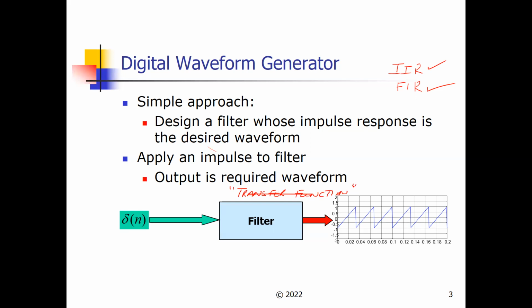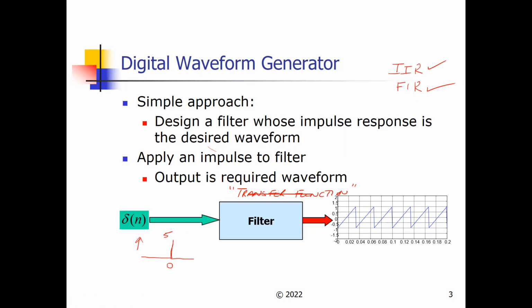Right, so you can have a transfer function. When you see filter, think transfer function. So you put an impulse into it, and you get a response coming out. And remember, a discrete time impulse is simply a unit sample, something that goes from 0 to, let's say, 5 volts, a single sample, or 0 to 3.3, or 0 to 10 volts, or 0 to 1 volt, whatever it is.